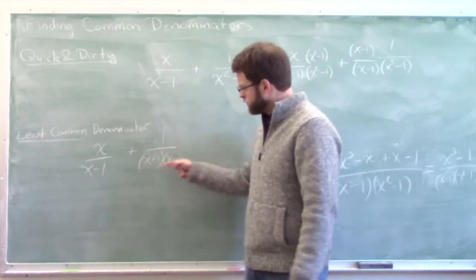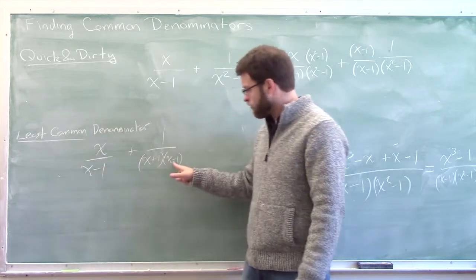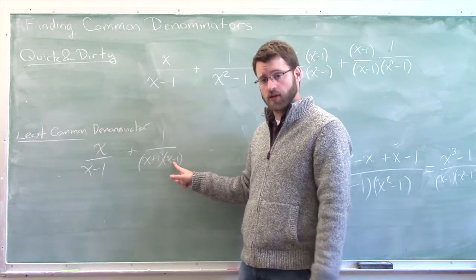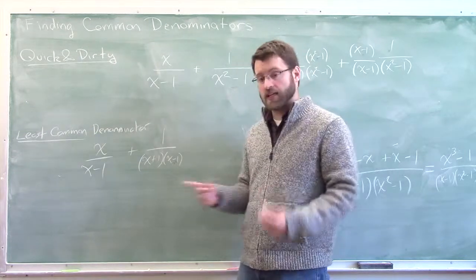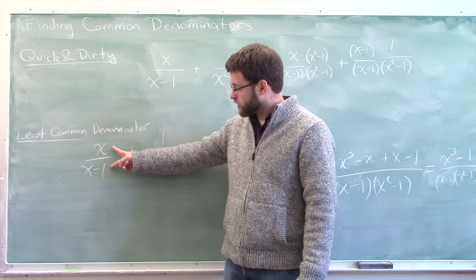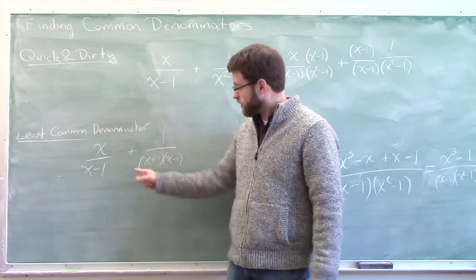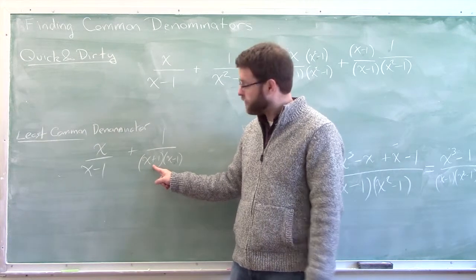When I look at this second rational function in its factored form, I see that I already have a copy of x minus 1 in the denominator. That factor already appears. So the only thing we need to give these a common denominator is to multiply top and bottom of the first rational expression by this x plus 1 factor.